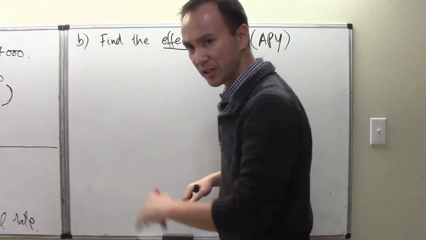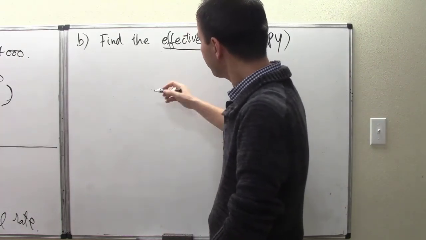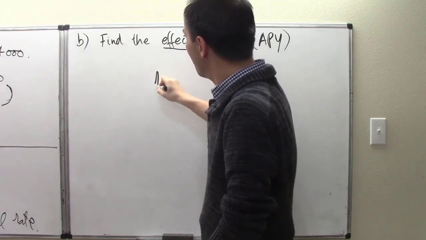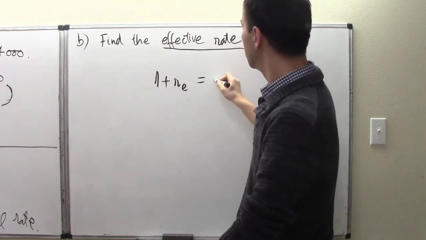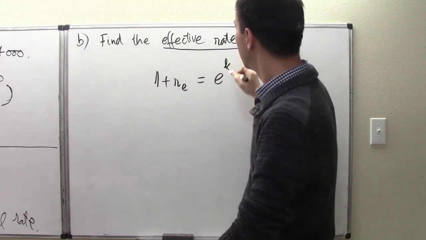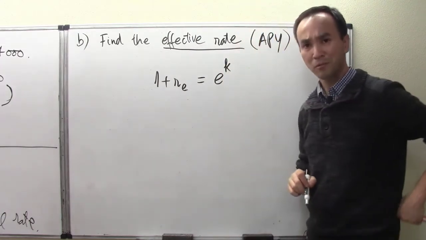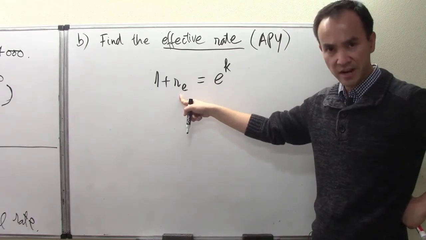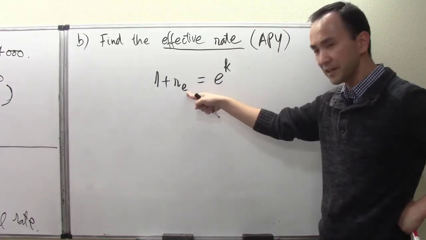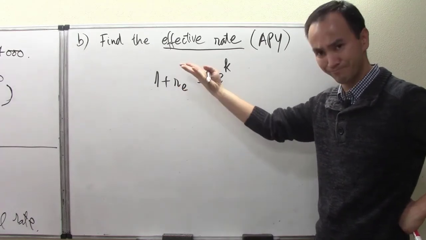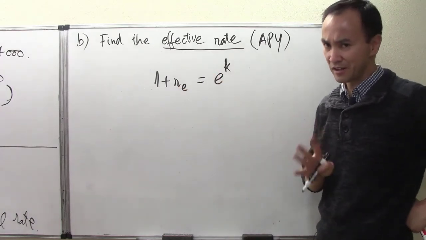We have learned the following important understanding: 1 plus the effective rate must equal e to the k. The effective rate is this R sub e, the subscript e meaning effective rate. So we're not looking for the nominal rate.